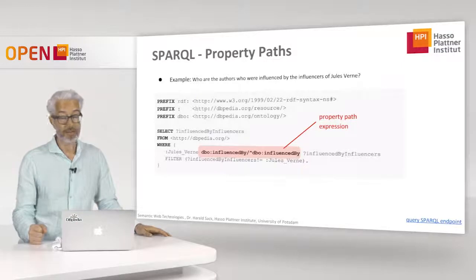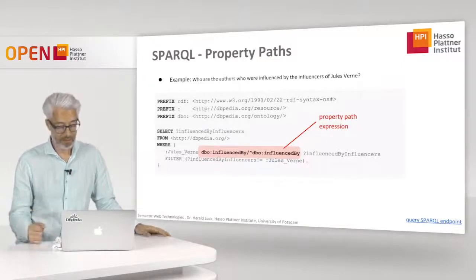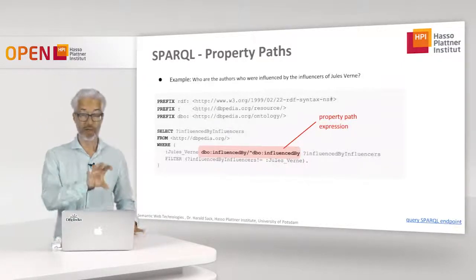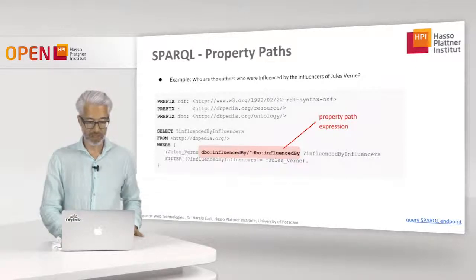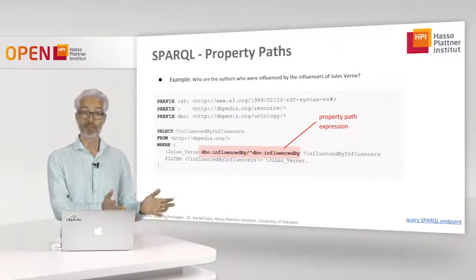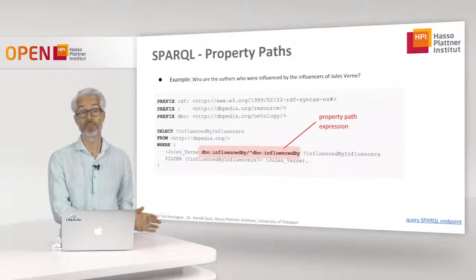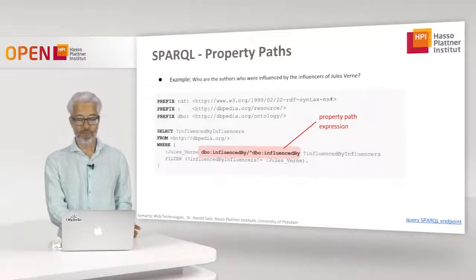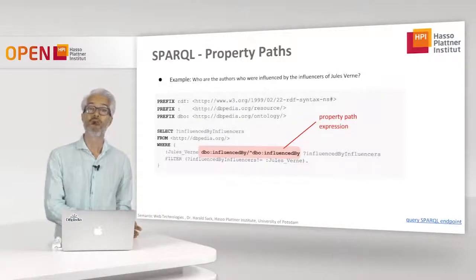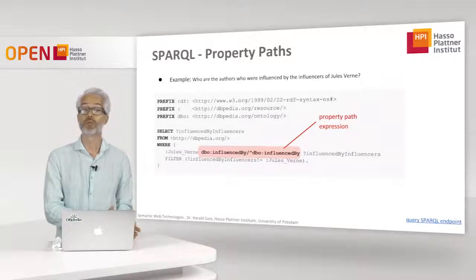And this can be simply expressed by a property path, as you see here in the where clause of our SPARQL expression. First we have, of course, the fixed value Jules Verne, and then comes the property path. And there I first look at the people who have influenced, so who Jules Verne was influenced by. So the first one is dbo:influencedBy.